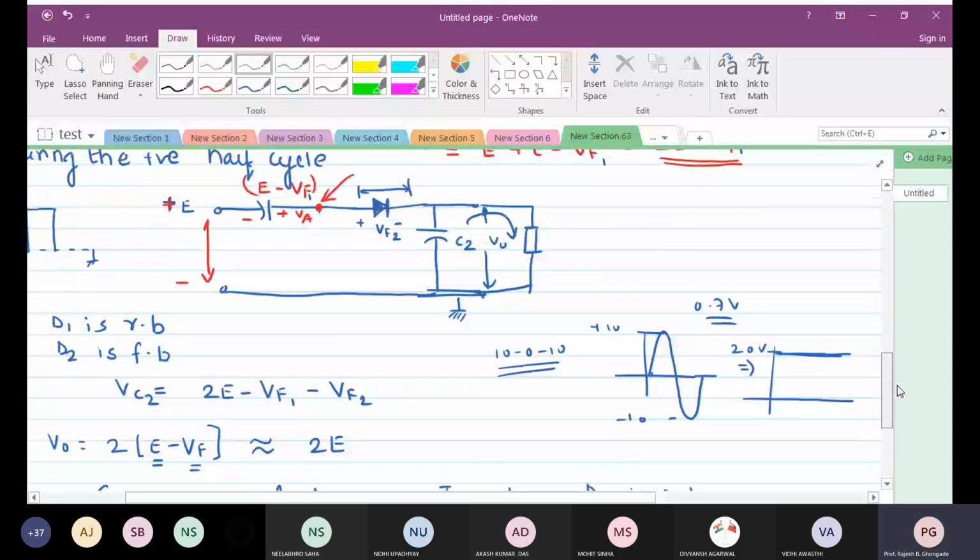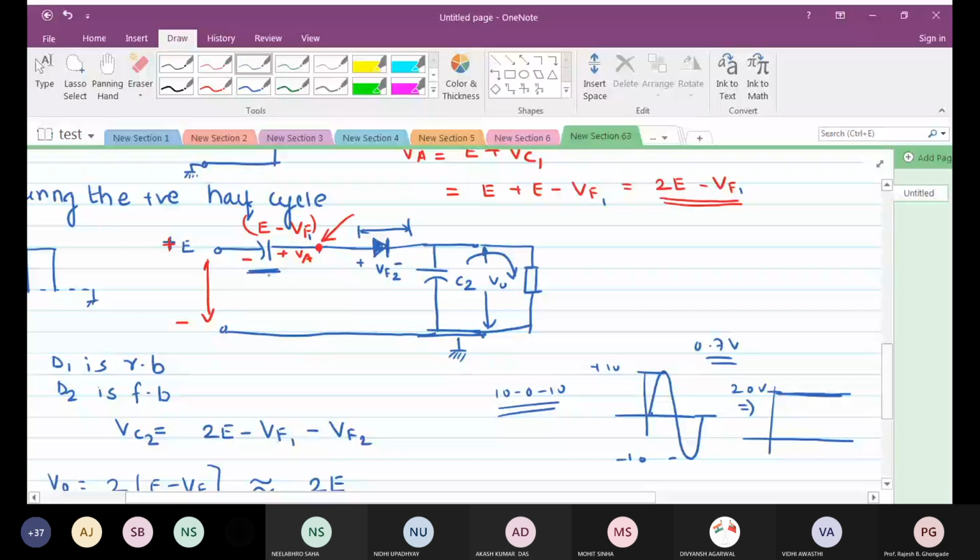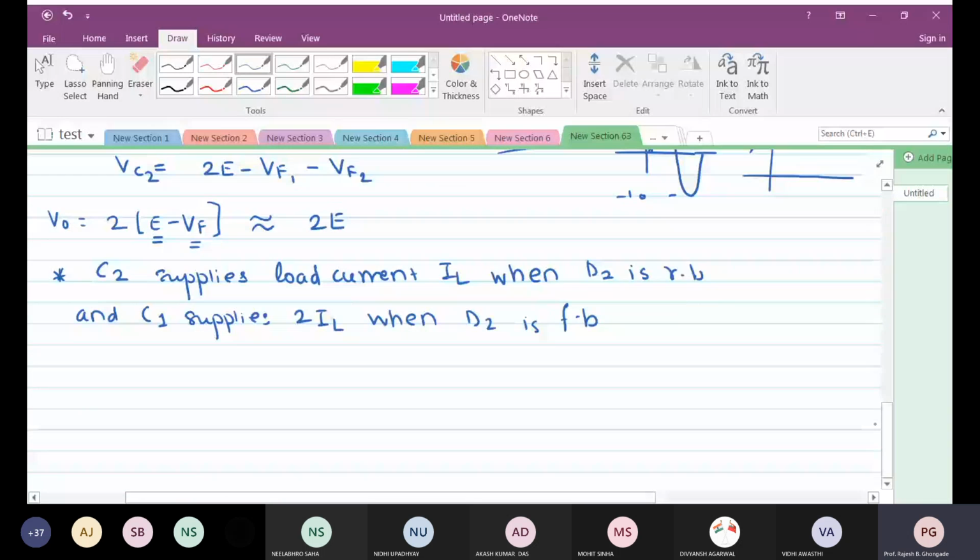Look at the condition here. This capacitor C1 first of all supplies charging current to this guy, as well as it supplies load current when this diode is forward biased. So naturally the capacity of C1 is twice that of C2. So while selecting the capacitor, we have to make sure that the value of C1 is twice that of C2.